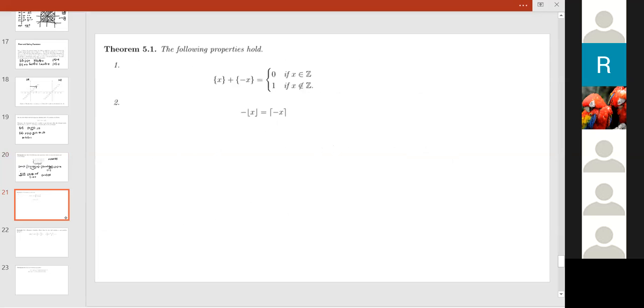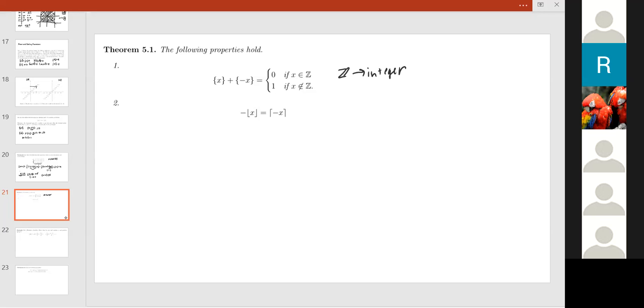Now we have the following theorem. The fractional part of x plus the fractional part of negative x is 0 if x is an integer, where this Z just means integer, and it's equal to 1 if x is not an integer.